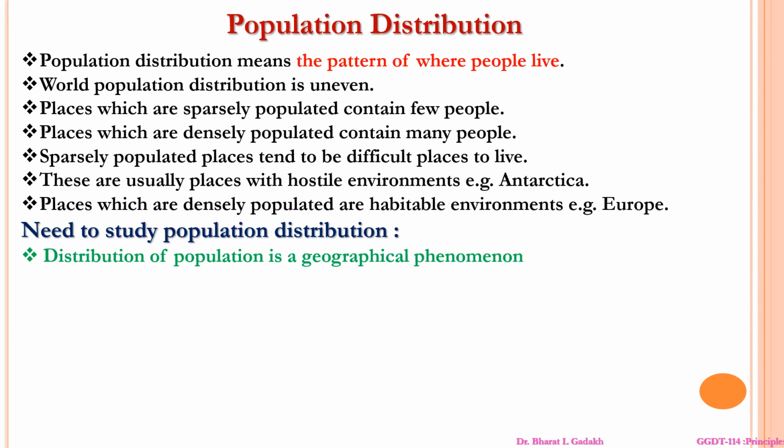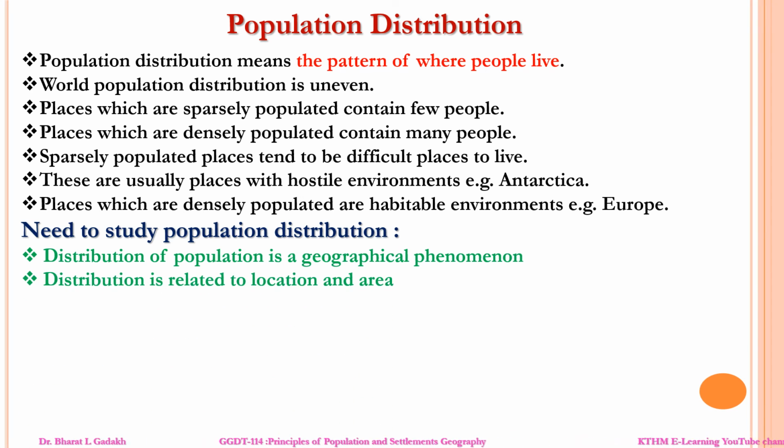The distribution of population is a geographical phenomenon. Similar to the distribution of any other natural resources, the distribution of population on the surface of the earth is uneven. The location of an area is very important here.